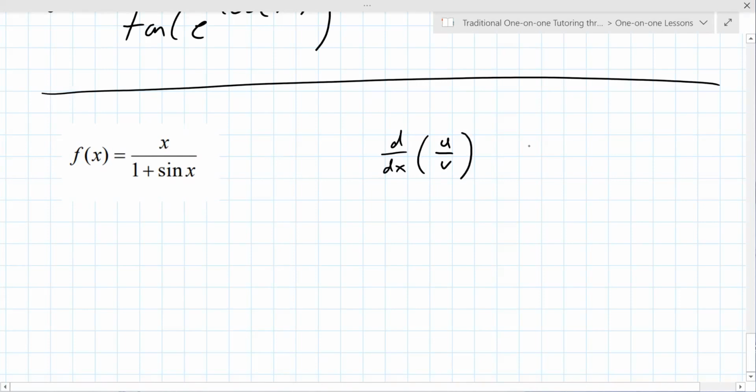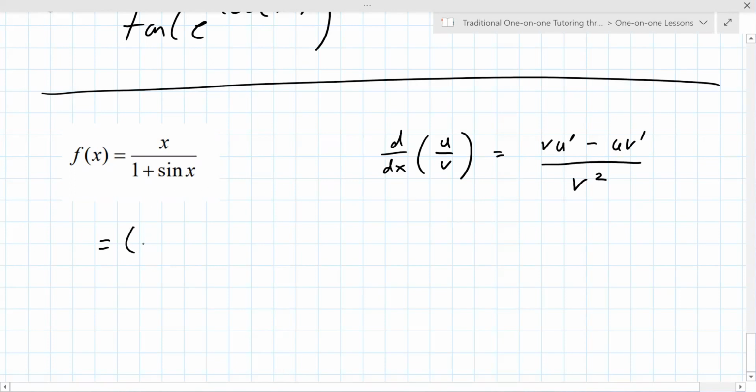Okay, so it's u over v, and it's the bottom times the derivative of the top, minus the top times the derivative of the bottom, over the bottom squared. And you're welcome to write out what u and v are off to the side, but at this point in the course I'm just going to work it out without mapping them to the side.